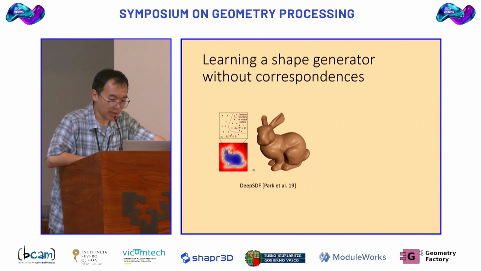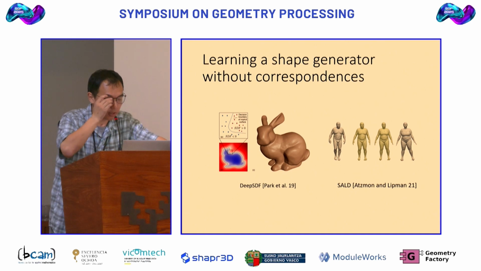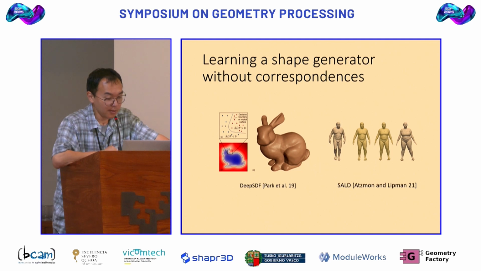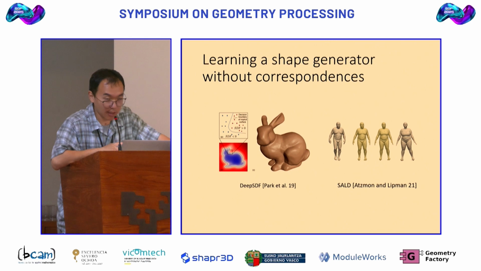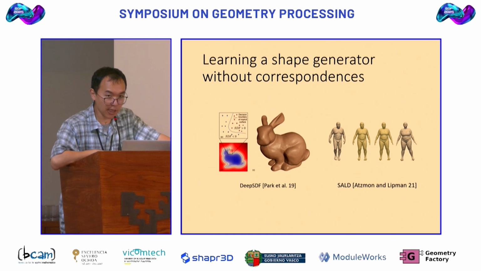And people actually extended this to deforming shapes, 1 or 2 years after DeepSDF. So what they actually realized, you can see, we do have shape variations, but all those shapes have similar poses.